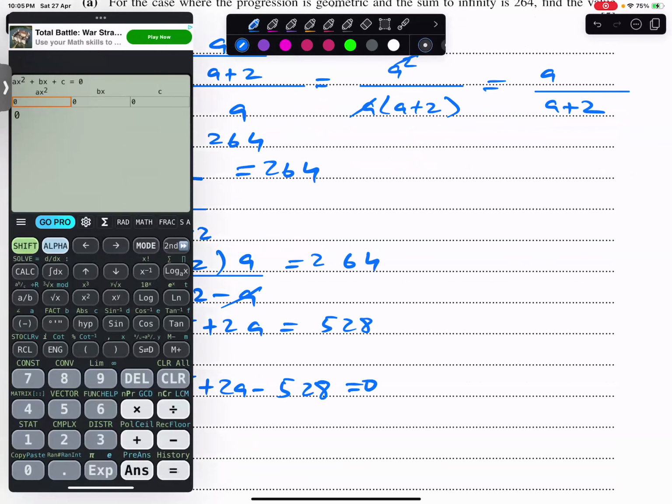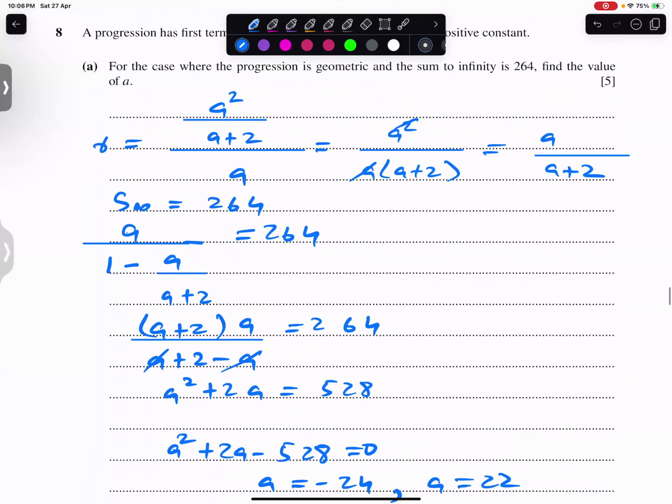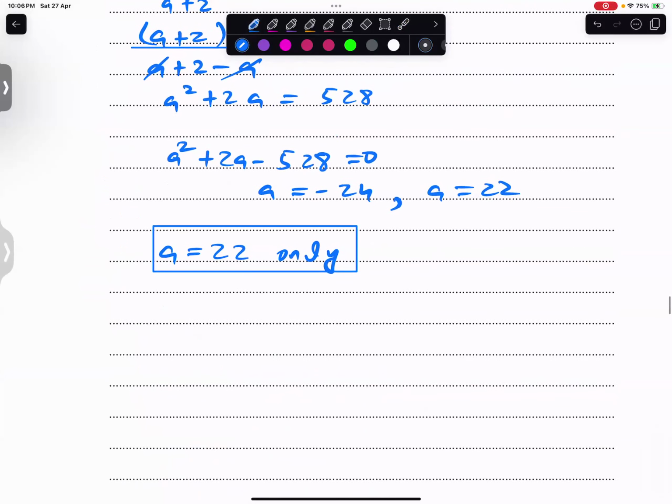So 1, 2, minus 528. So first value of a is minus 24. Second value of a is 22. But as it is given that a is a positive constant, you will take a equals 22 only.